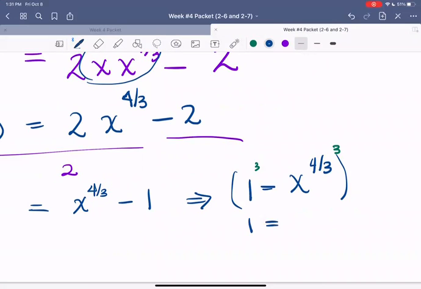On the right-hand side, that exponent cancels, so I just get x to the 4th. This means I have 2 options for x: plus or minus 1. Whatever I raise to the 4th power becomes positive, so if I raise 1 or negative 1 to the 4th power, I am left with 1. My solutions are x equals plus or minus 1.